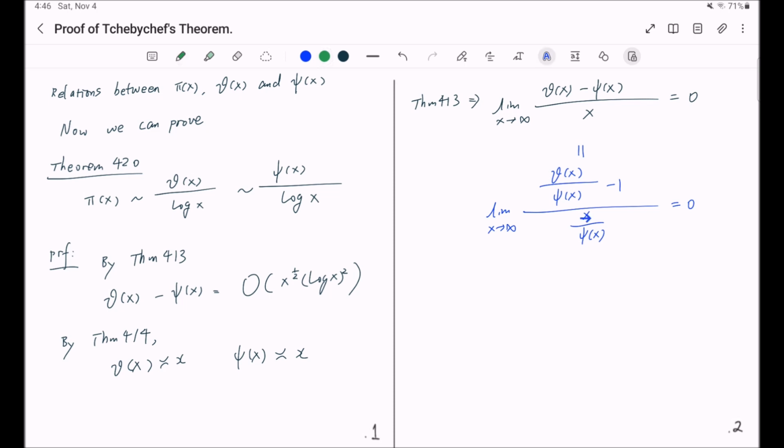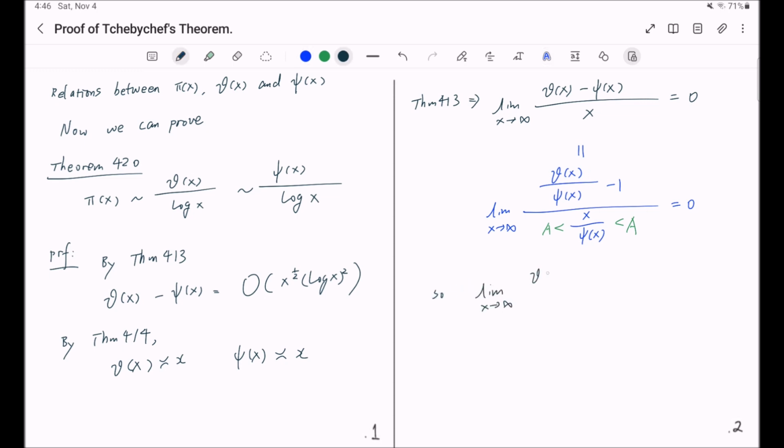But this denominator, from theorem 14, is bounded below and above by two positive constants. Therefore, it forces that the numerator also goes to 0.